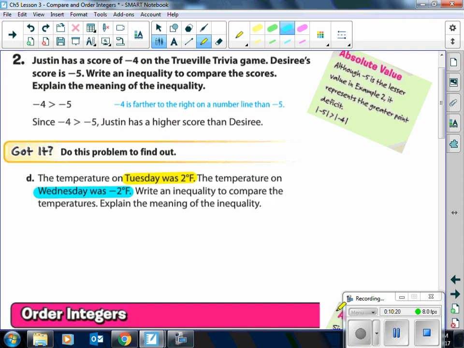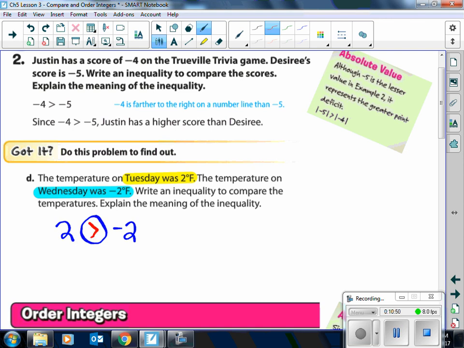We want to write an inequality to compare the temperatures, and then explain its meaning. So here we are going to compare 2 to negative 2. Well, one's positive and one's negative. What symbol goes in here?